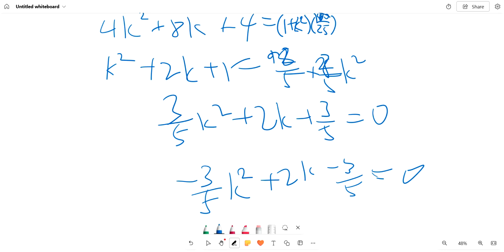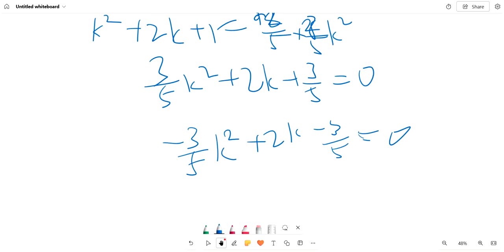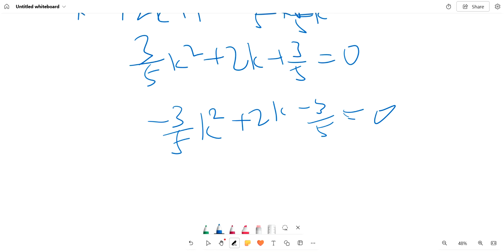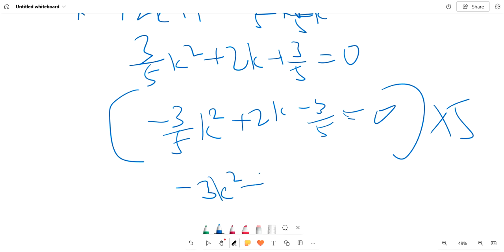So if we just solve this, multiply this by 5, we get negative 3k squared plus 10k minus 3 equals 0.